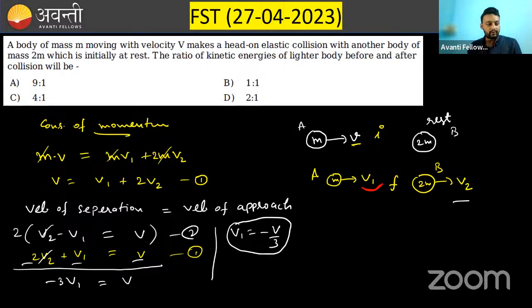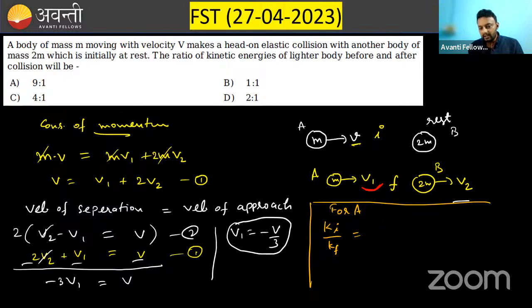Now they are asking the ratio of kinetic energy. So I will write down the ratio for A. They are asking for lighter body. Kinetic energy initial is asked first, before and after collision. That means initial and final. K initial is half m v square. K final is half m, velocity is v1 square.